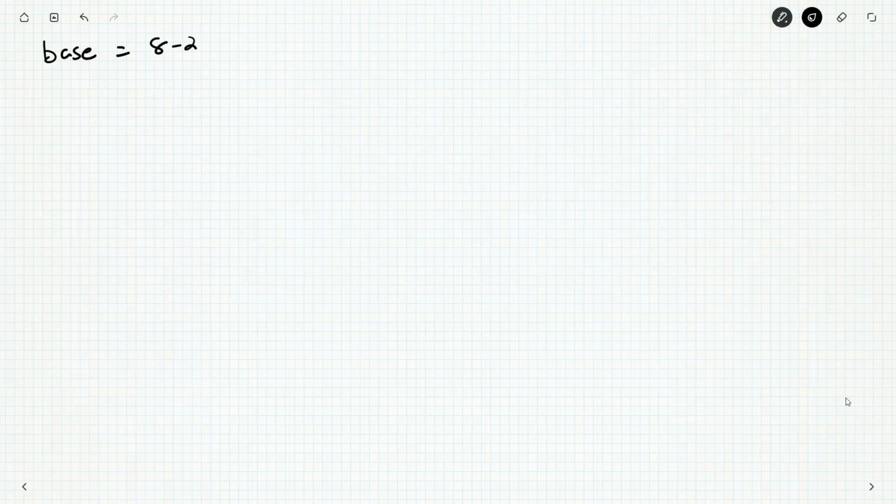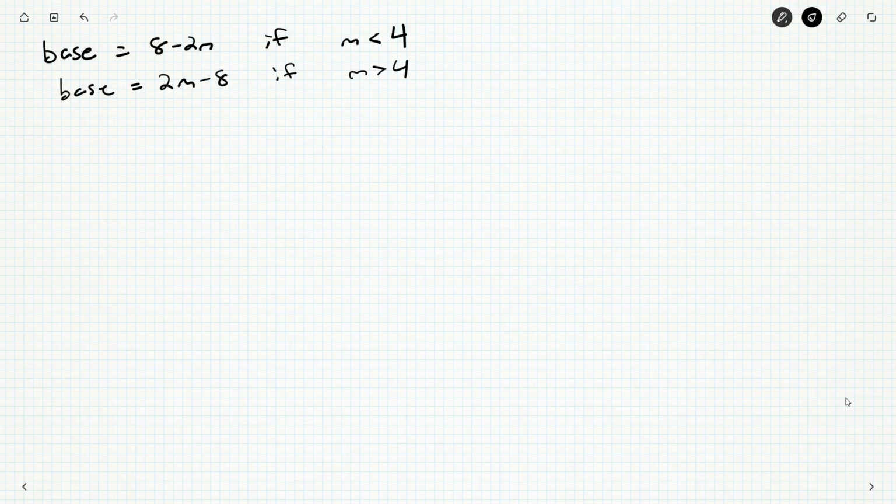Base is 8 minus 2m if m is less than 4. And base is 2m minus 8 if m is greater than 4. And you won't have m equal to 4 because that'd be a zero base, and that'd be ridiculous.